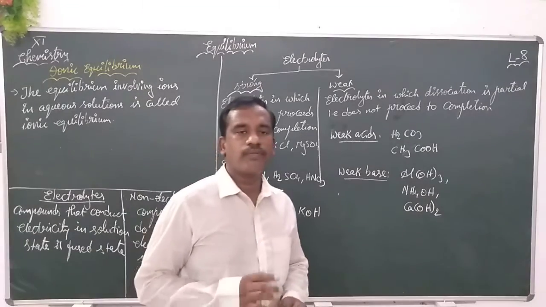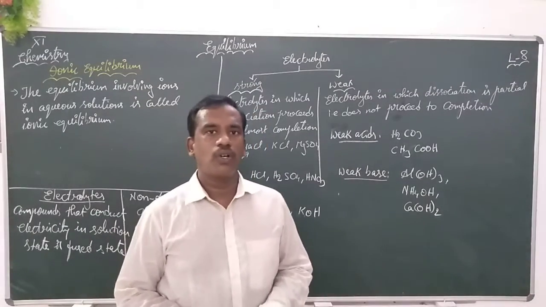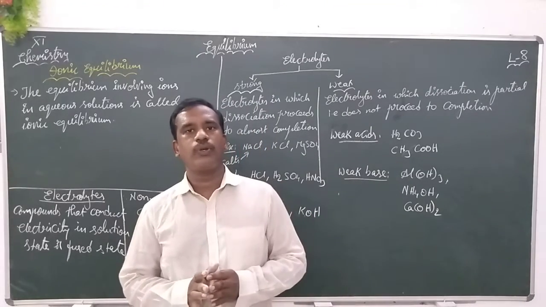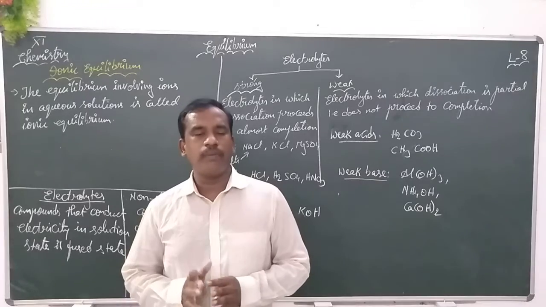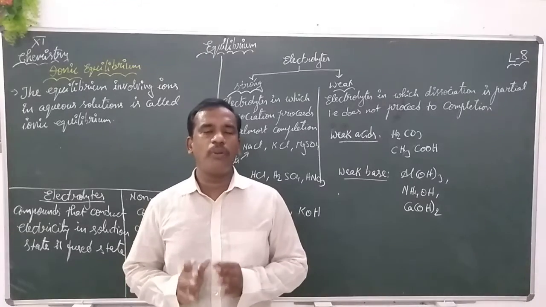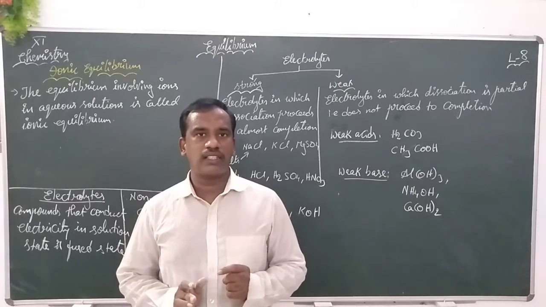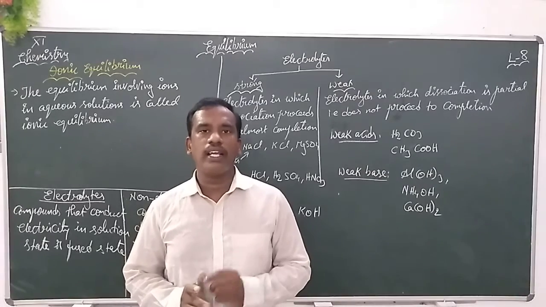Very good morning, children. In the last video, we learned about concepts that are related to chemical equilibrium. Our chapter, equilibrium, is mainly divided into two parts. One is called chemical equilibrium.